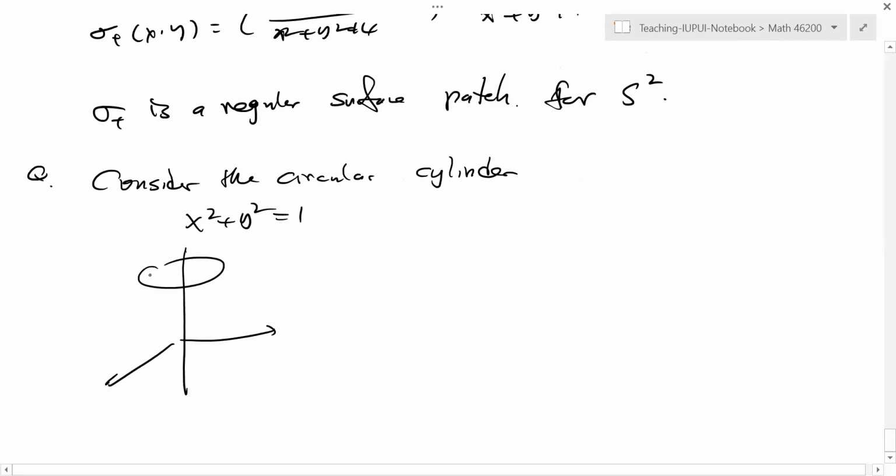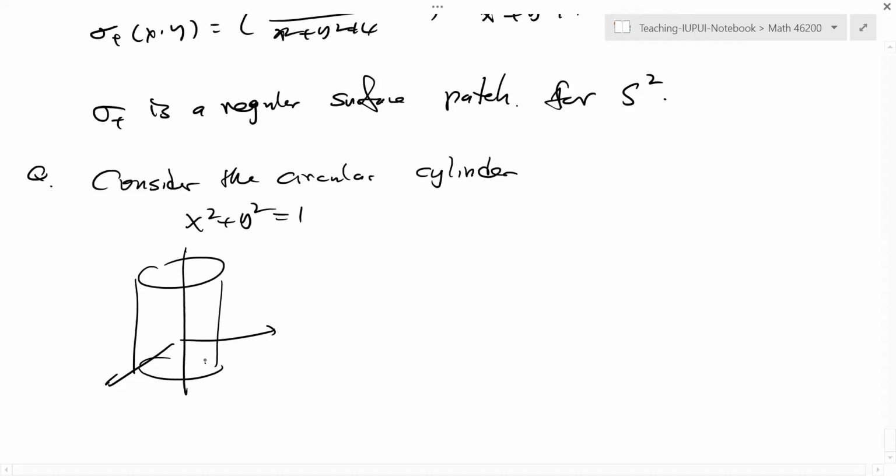It's in three-dimensional space. Okay, this is a cylinder, right? It's clearly, in any sense, a smooth surface without singular points. Our job is to find a regular surface patch.